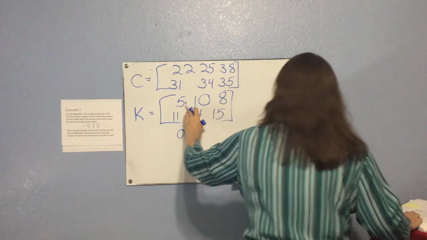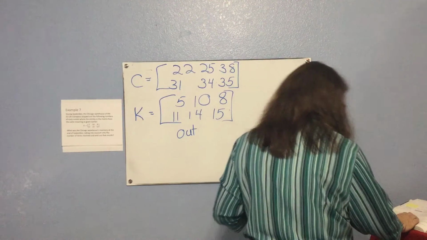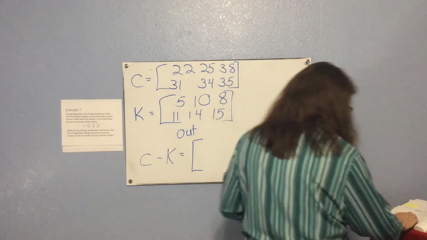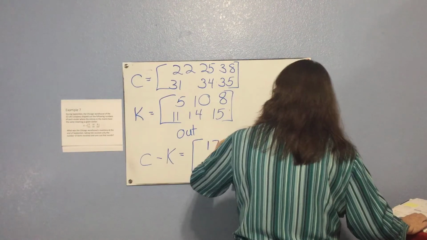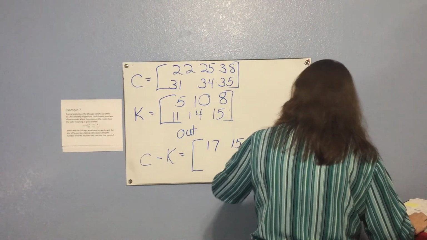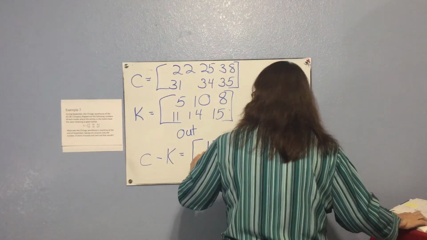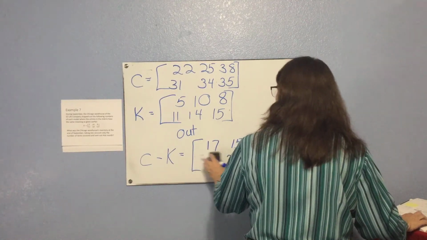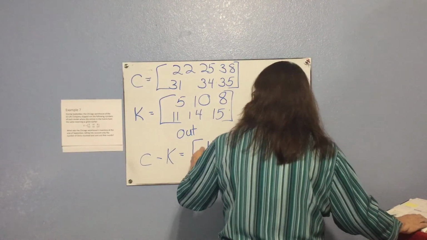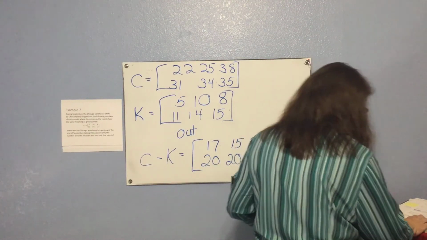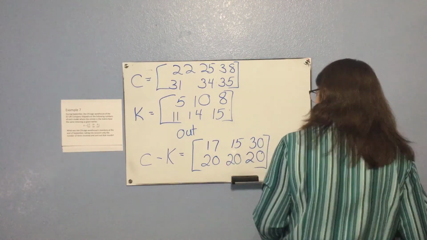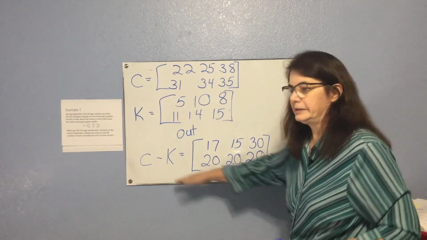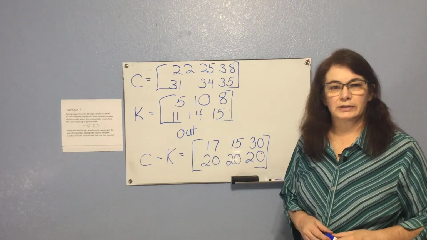I'm going to take this matrix, subtract this one, and my result is C minus K. Okay, so this is inventory control using matrix subtraction.